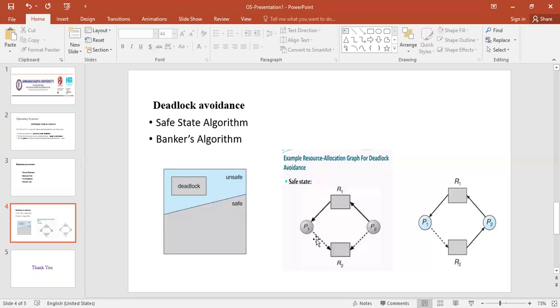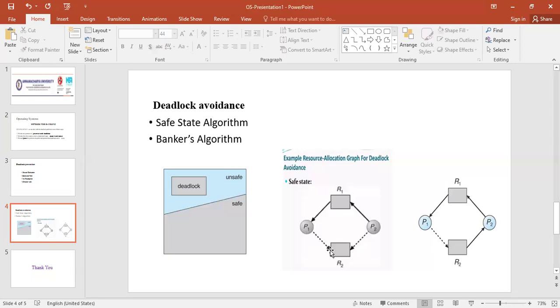But here, if we see, it will be showing a dotted line, sorry, it will be a claim edge, and this will be an allocated edge.